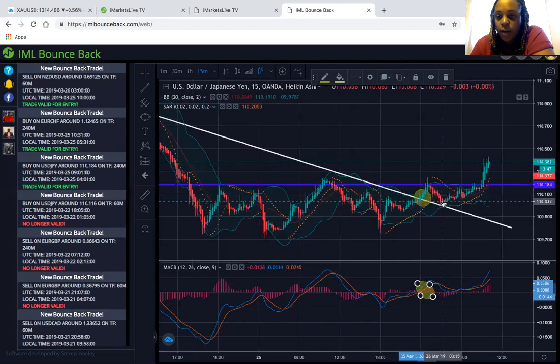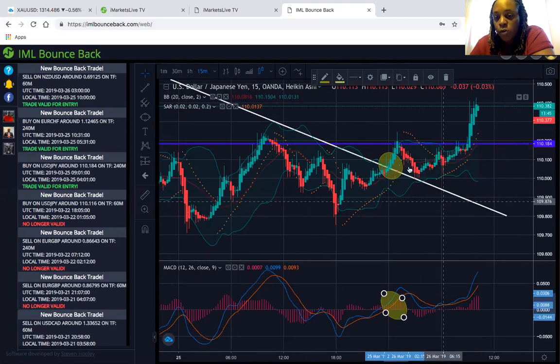I have persons that get into Bounceback as soon as the trade breaks the trend line and the MACD breaks, and then they notice that they go into some negatives and they get scared. And just remember that, first of all, Forex does not care about your emotions, right? So be strong-hearted when you're trading.